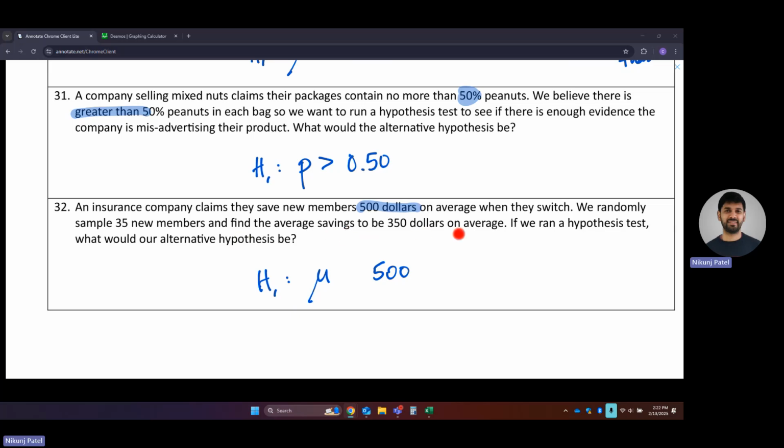And it looks like this one tells us that we did a sample and we found the savings to be 350. It looks like 350 is less than 500. So in that case, we want to use a less than symbol. We're not saving $500, we're saving less than $500. So that's why we use a less than right there. Just comparing those two numbers.